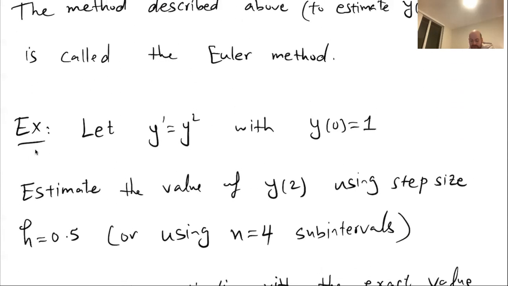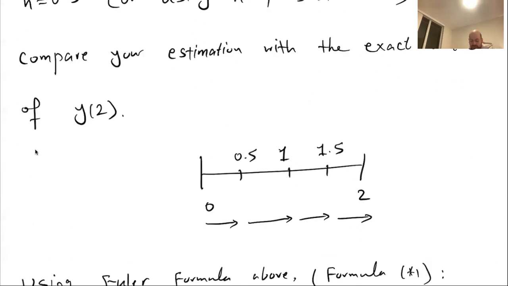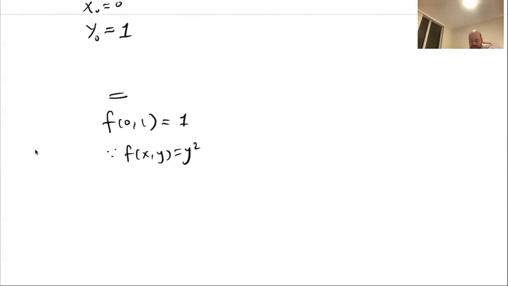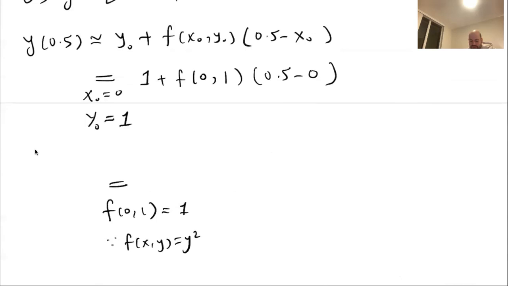So you look at the right hand side, f of x and y is y squared, so f of 0 and 1 is 1. So this is going to be 1 plus 1 times 0.5 minus 0, and this is 1.5. So first we found an estimation for y of 0.5, which is 1.5.